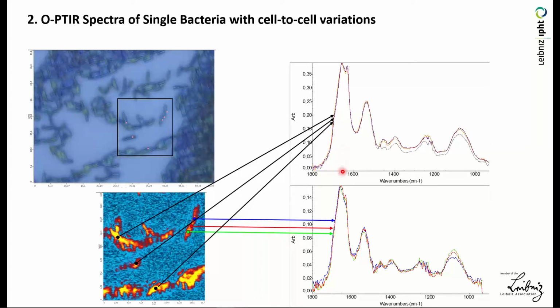If you take a close look, the three spectra from this bacterium show some variations. For example, here the shoulder in the amide I band has a different intensity, and for three other bacteria the shoulder is more intense. So there are variations that are evident in these first data, and these need to be studied in more detail in the future.